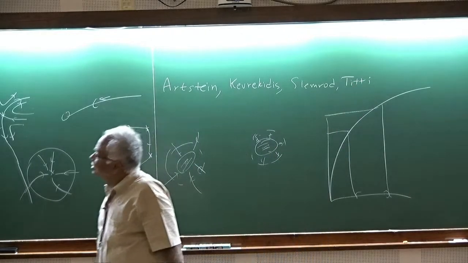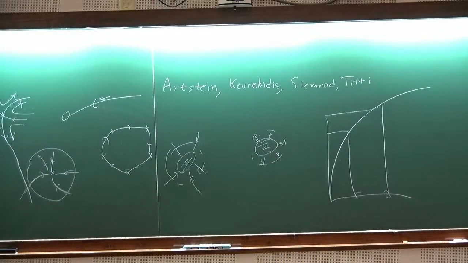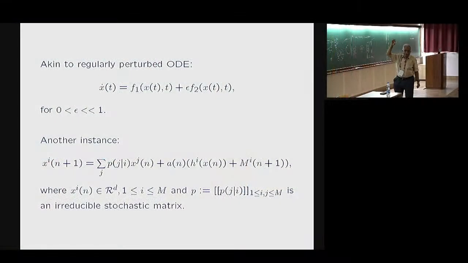I think the main result is that you can look at this as x dot equal to F2 restricted to the invariant manifolds of x dot equal to F1.